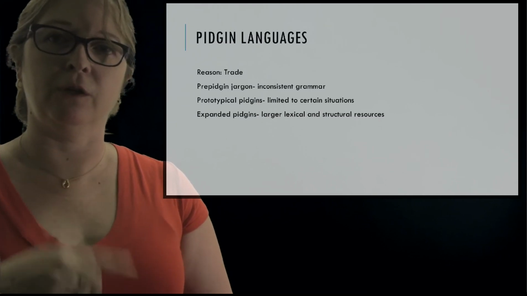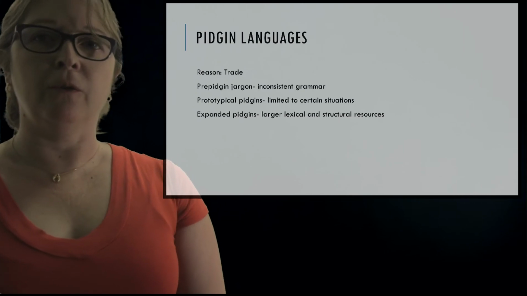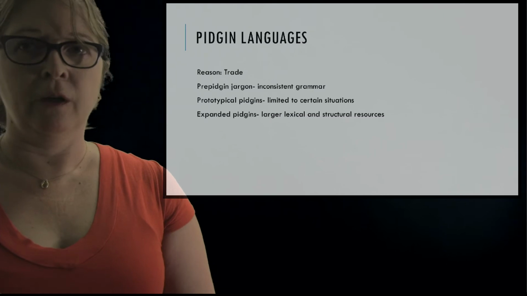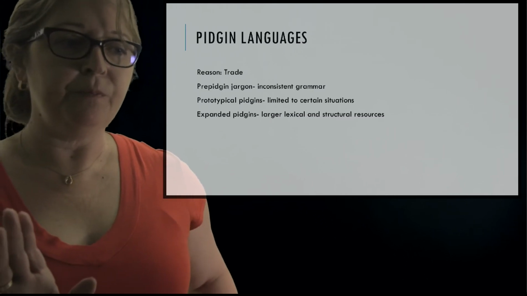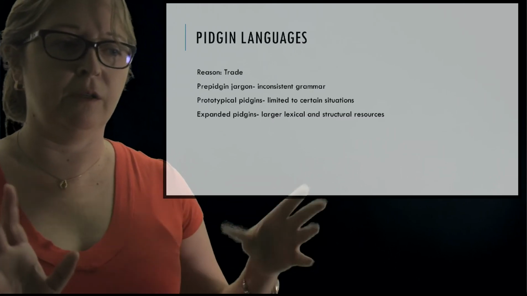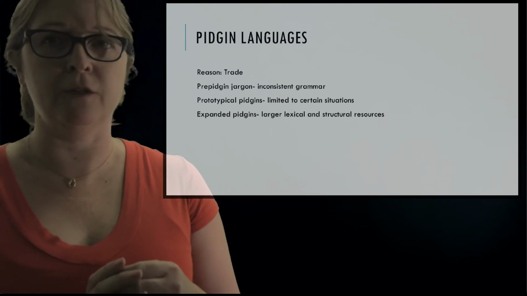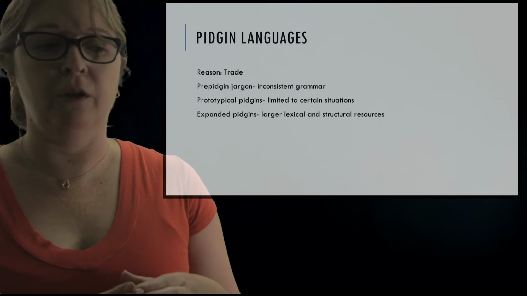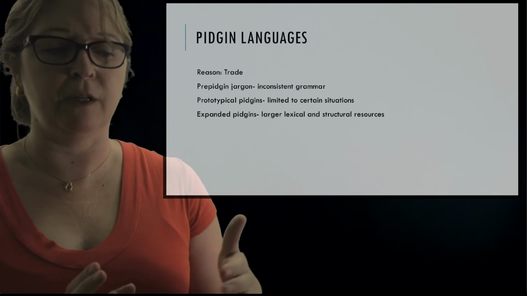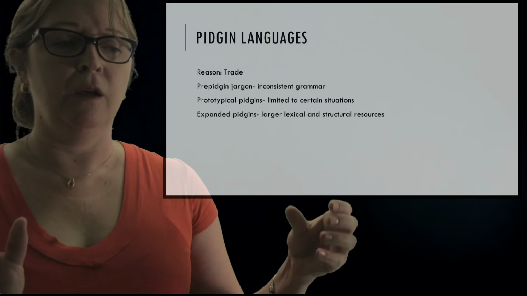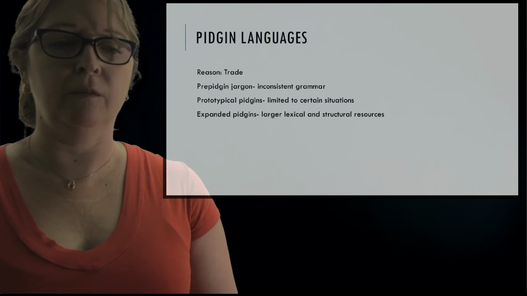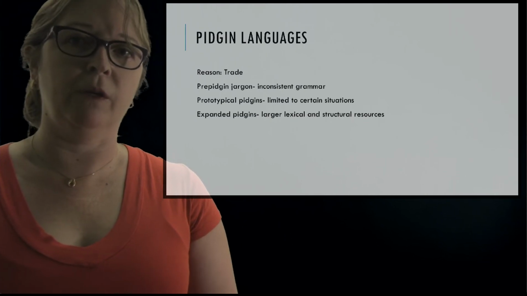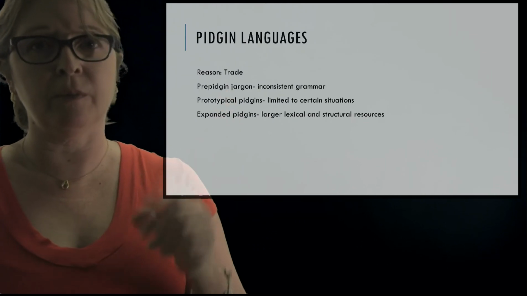I'm going to give you a little bit more of an overview of what I mentioned earlier, which was Pidgin and Creole. So the main reason that Pidgin languages are created is trade. There's also talk in the book about plantations, and they focus more on the plantations and the slaves coming, many of whom don't speak the same languages or dialects. That becomes a Creole, but it starts out as a pidgin.